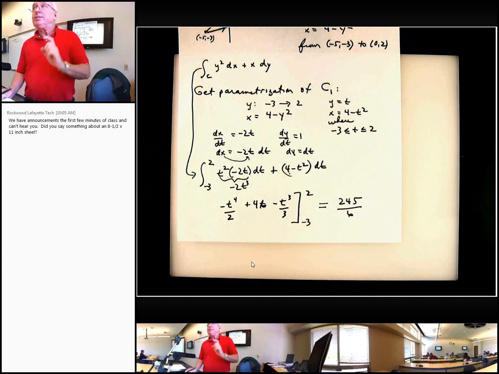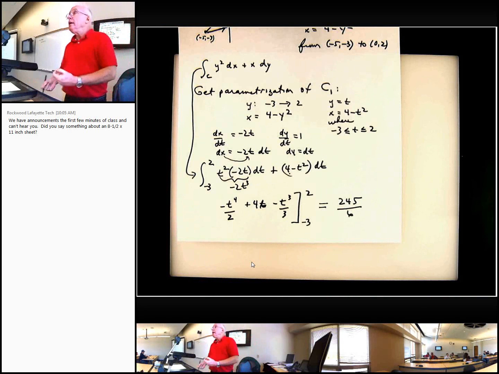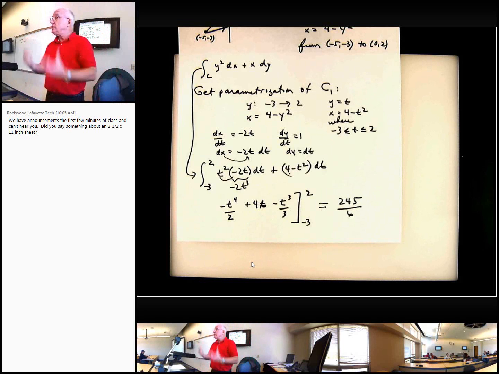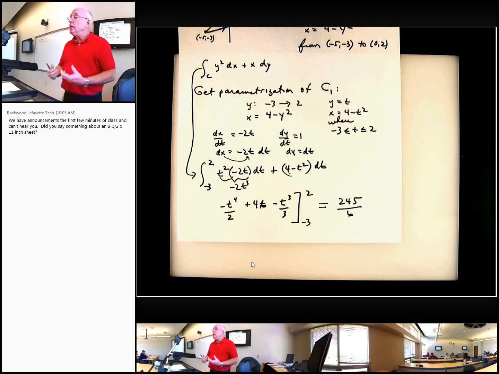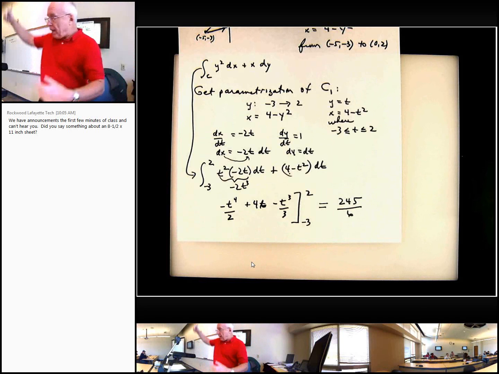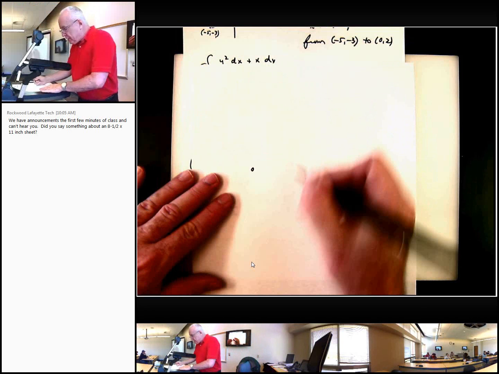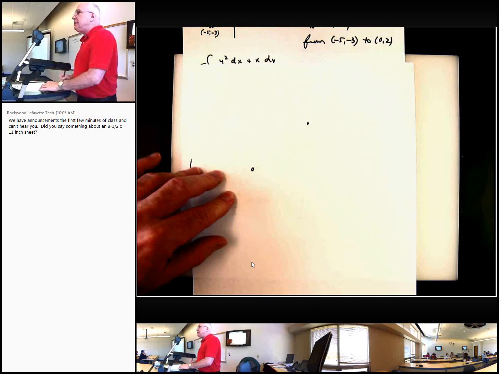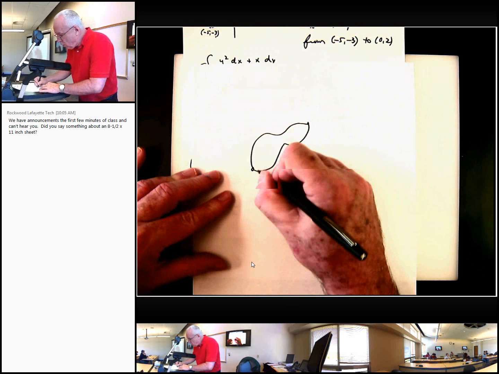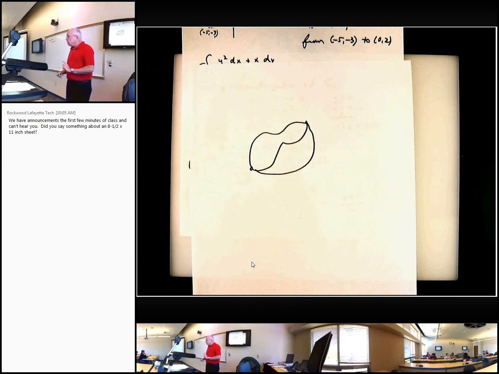What we're going to see in the next section, which we will not get to today, is that there are times in which we're going to have a type of vector field in which it doesn't matter what path we take, as long as the initial point and the ending points are the same, we're going to have the same value for our integral, all right?